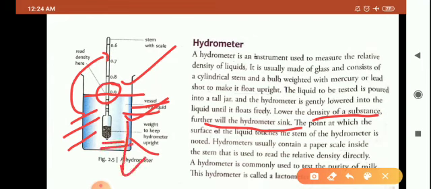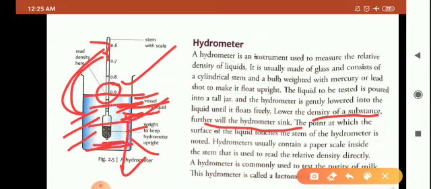That is the reason it is given that the lower the density of the substance, the further the hydrometer will sink, because if the density of this liquid is less in comparison to this hydrometer, then the hydrometer will sink further inside that particular liquid.